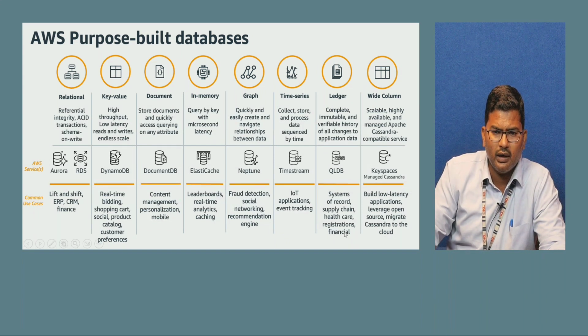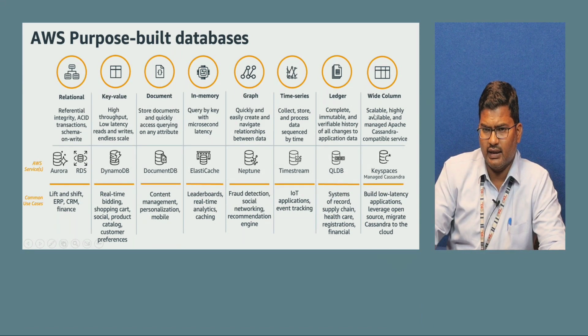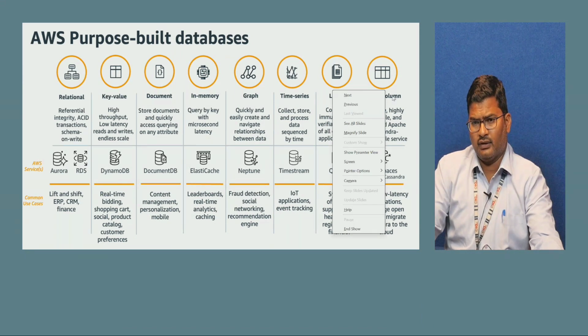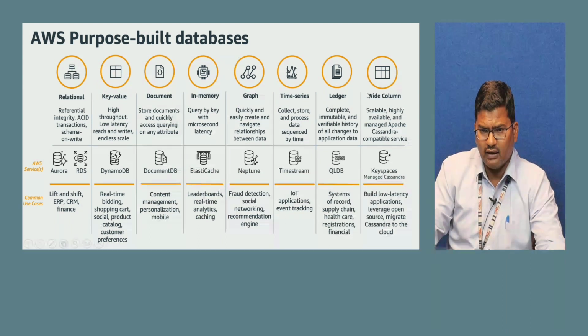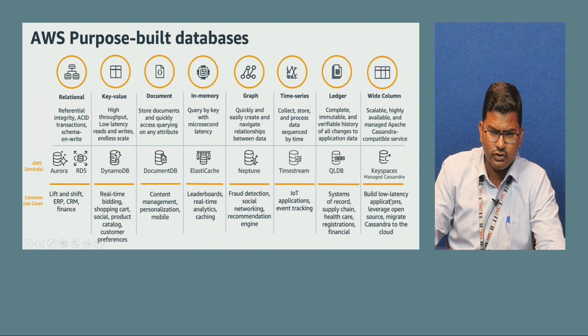So the most popularly used QLDB database service is again offered by Amazon Web Services. Similarly, we have wide column, one of the very latest database services called Keyspaces, whose use cases are building low latency applications, leveraging open source and migrating Cassandra to the cloud.